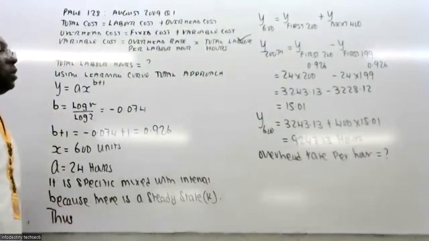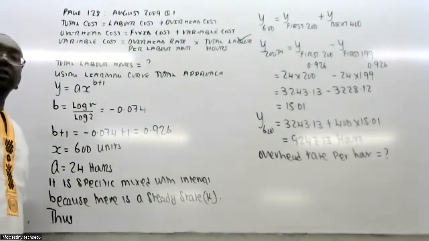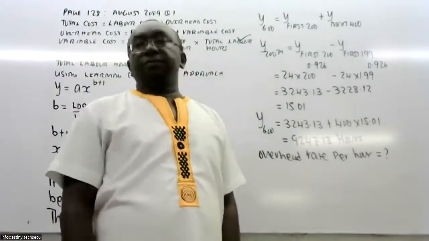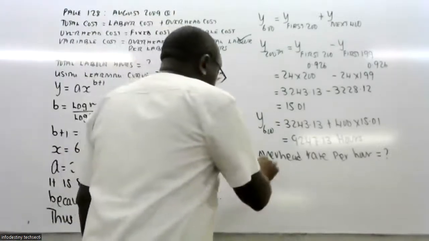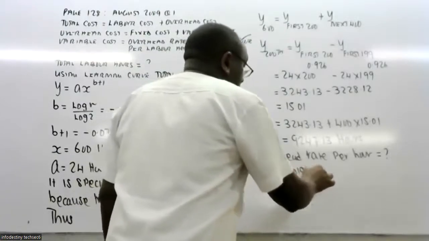Now that one is not given. If it is not given, we know that there is a method called the high-low method. So we come now to use the high-low method.